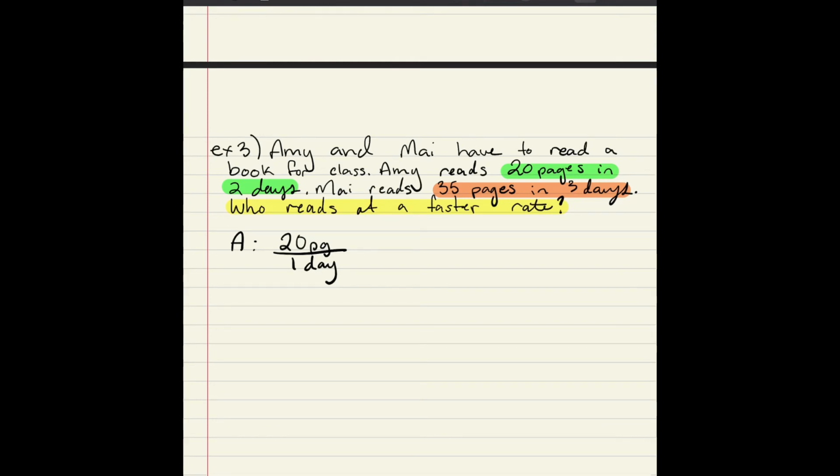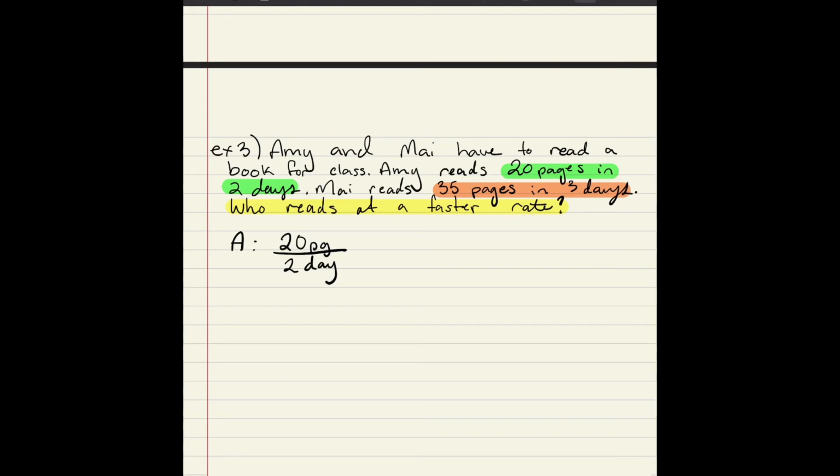And we're making this ratio where it's for 1 day, because if it's 1 day, then we can see how many pages they read. It wouldn't make sense if we did pages on the bottom, because it wouldn't give us an even number.